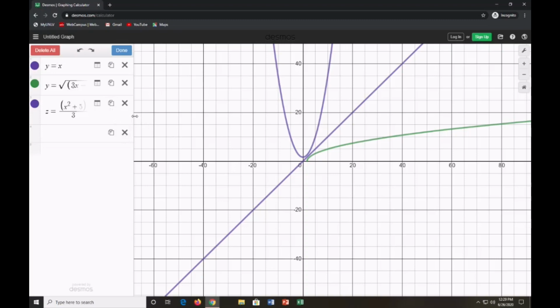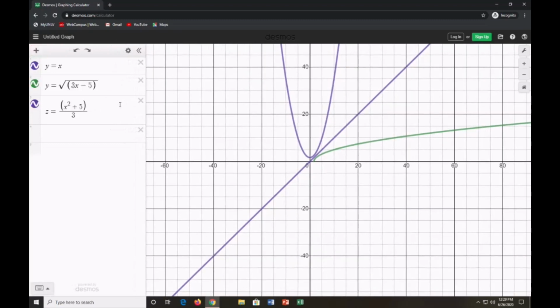Sometimes when you enter these functions, it'll allow you to set the domain, but this one it's not letting me do it. But the inverse function is a quadratic function, and we need to restrict its domain to 0 to infinity.